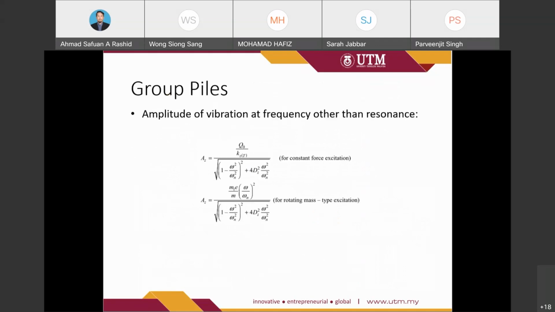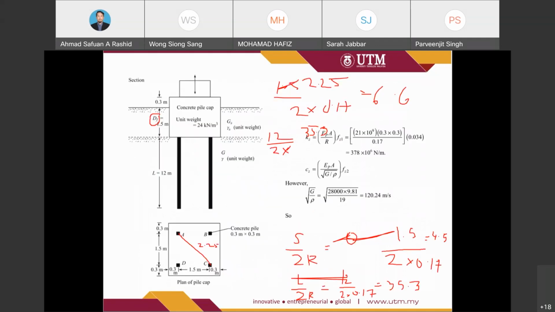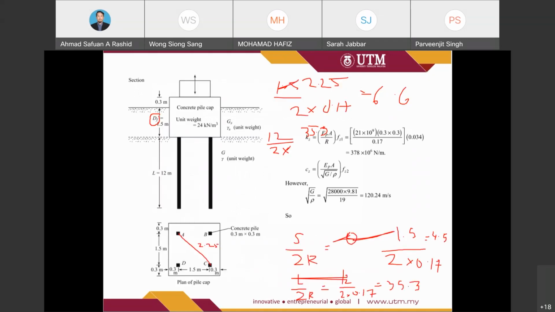So what is the dimension here for the pile cap? What is the pile cap diameter? It doesn't mention the pile cap. So 2.1.